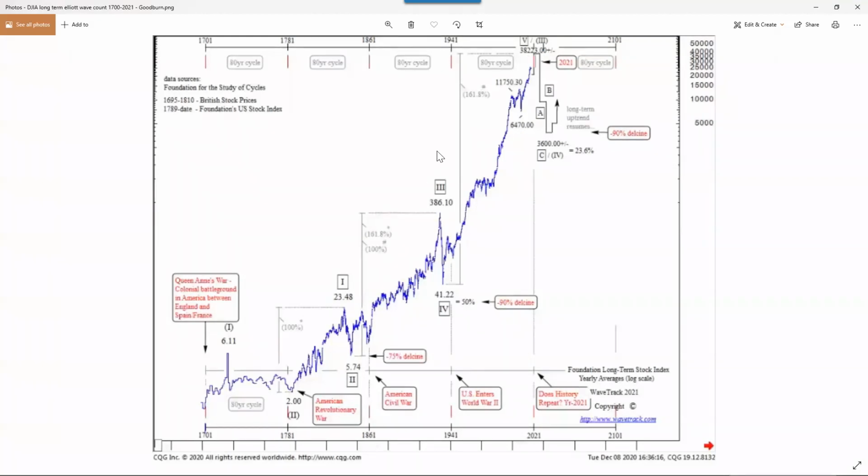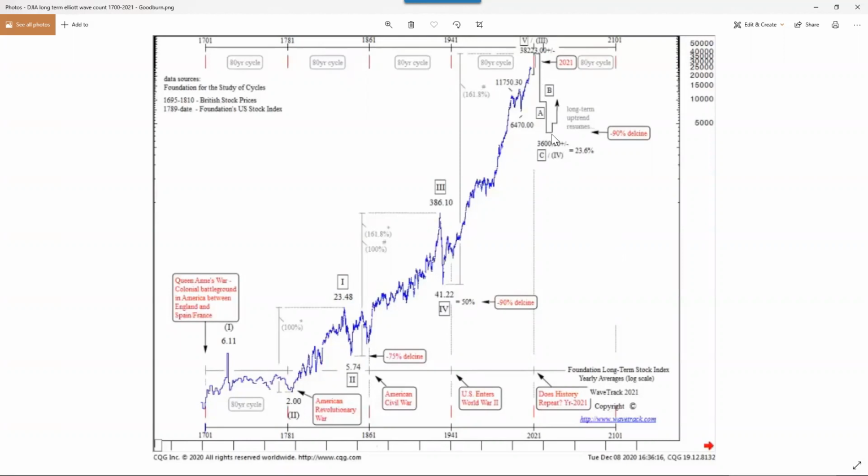So when you're looking at that long of a chart and you're expecting the end of an extremely extended fifth wave to end a grand supercycle wave 3, then there would be a grand supercycle wave 4 next.